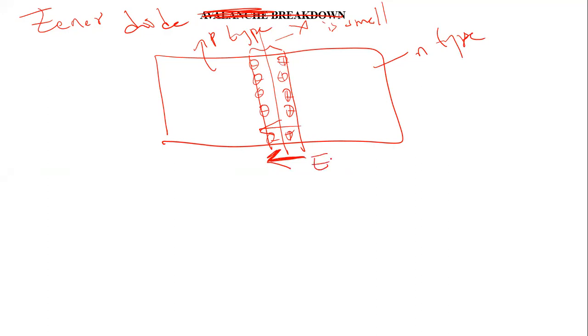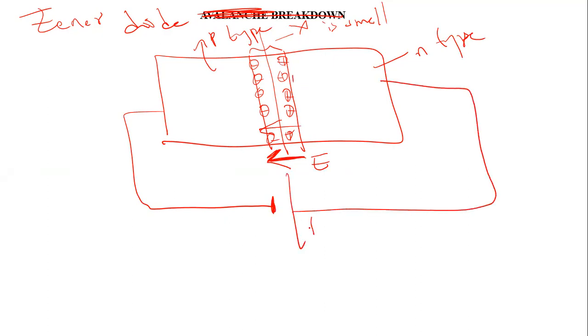Okay. Now, if you connect in a reverse biasing condition, that is P-type connected to the negative terminal, N-type connected to the positive terminal, so this side is positive, this side is negative in the externally connected reverse bias voltage. This is the reverse bias voltage.